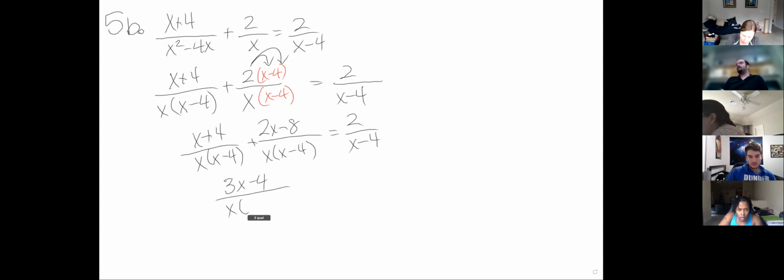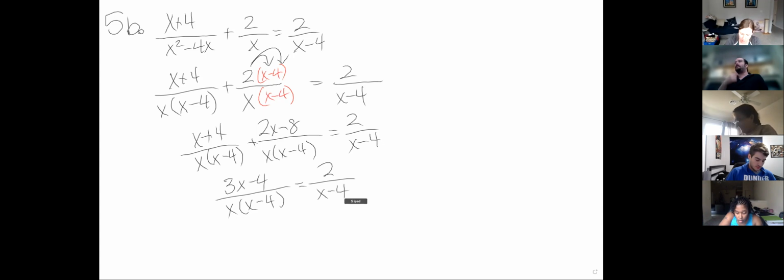I got 3x minus 4 on top. Is that what you have? 3x minus 4. I think I have a lot of mess in my paper. I think it's 3x plus 4 plus.